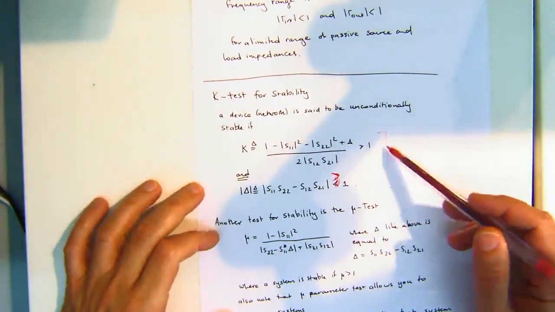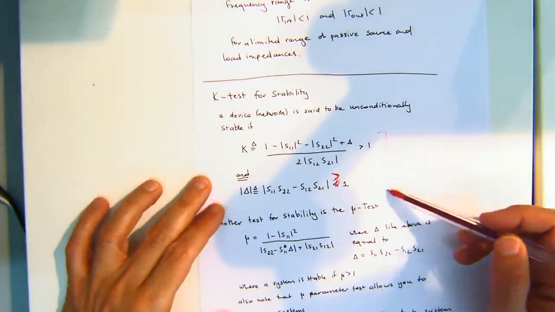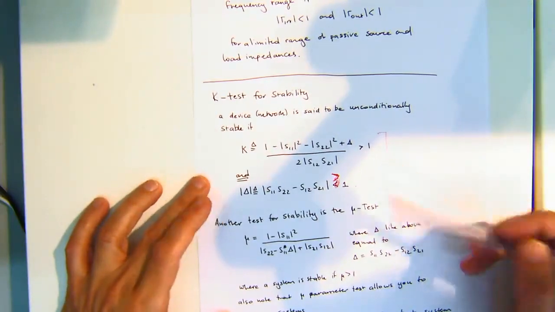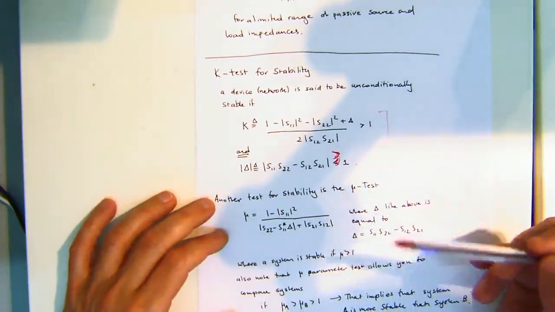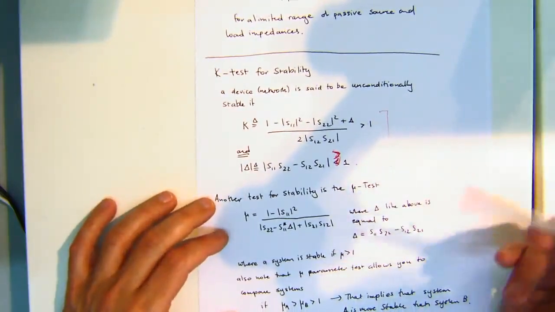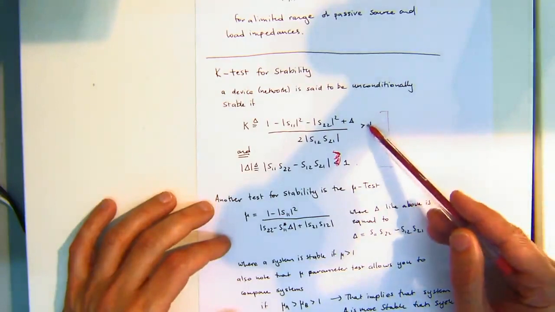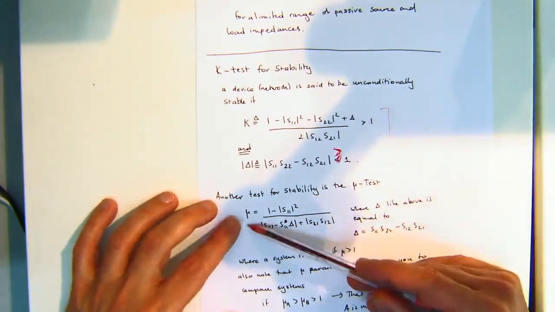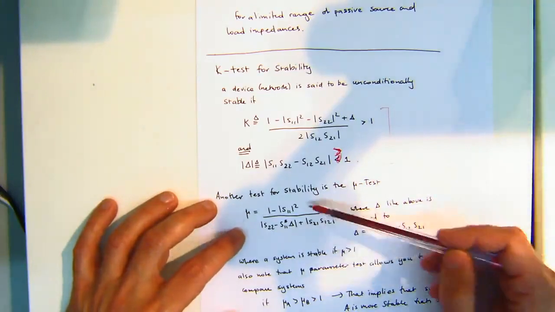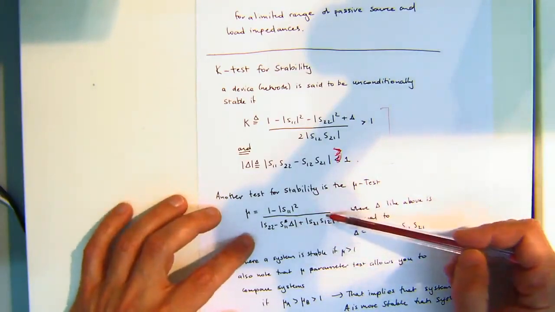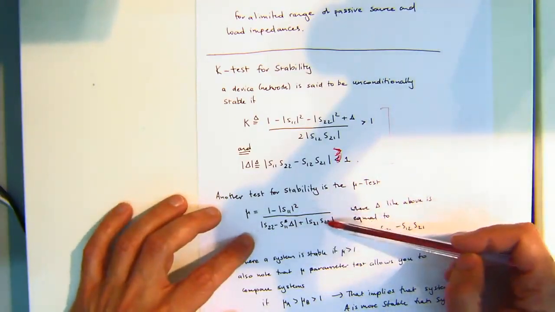And that we usually use to test stability. Now, there's another test that people commonly use, though not as commonly as the K-test, which is the concept of a mu test. Essentially, it is also written in terms of scattering parameters.